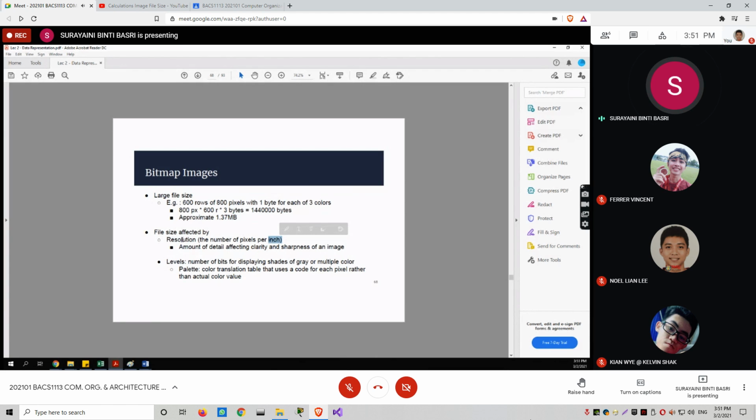It is the amount of detail affecting the clarity and sharpness of an image. So the higher the resolution, the sharper your image. I mean the higher the resolution, the nicer your image looks.